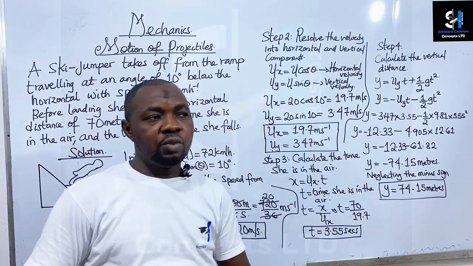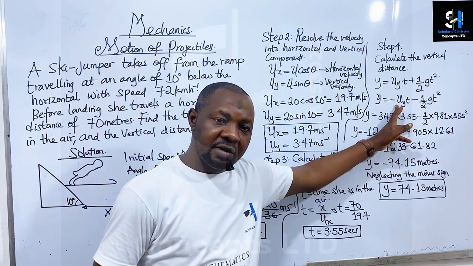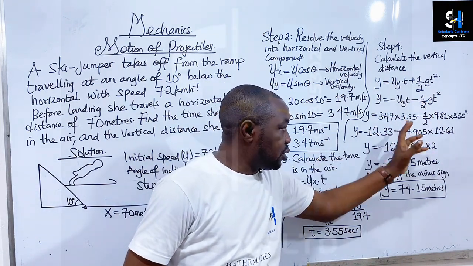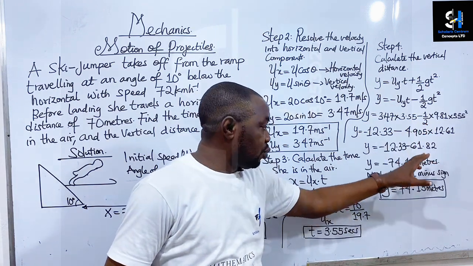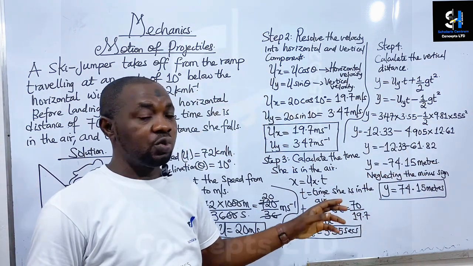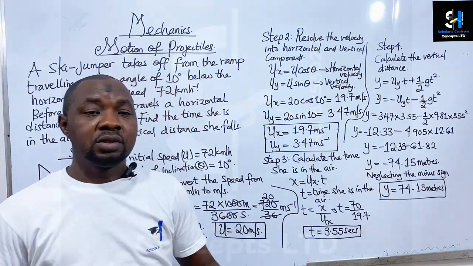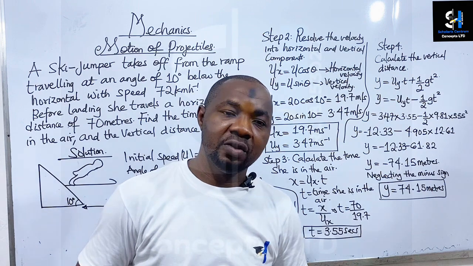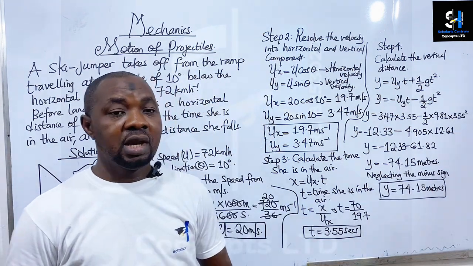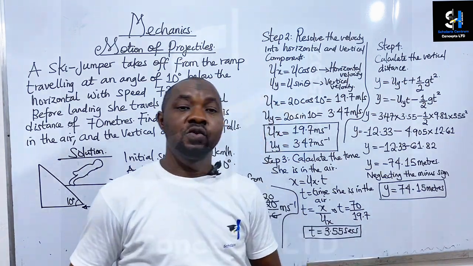But for clear explanation, this takes negative, and this also takes negative. After we plug in the values and get a negative value for y, we can neglect the minus sign, or take the absolute value of minus 74.15 meters, so that y is 74.15 meters.